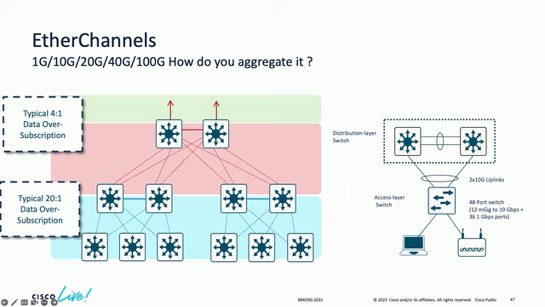Talking about EtherChannels and bandwidth, there are questions like, what are the typical oversubscription ratios that we should follow when planning capacity between access and distribution and between distribution and the core? The rule of thumb is that the typical data oversubscription from access to distribution is 20:1, and from distribution to core 4:1.